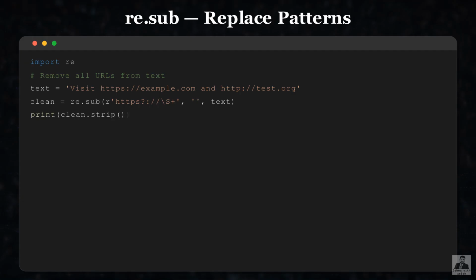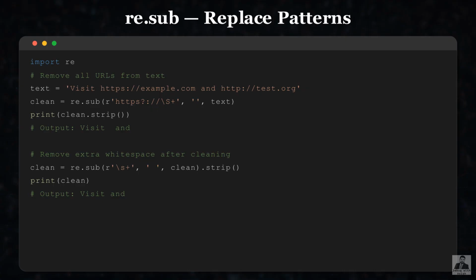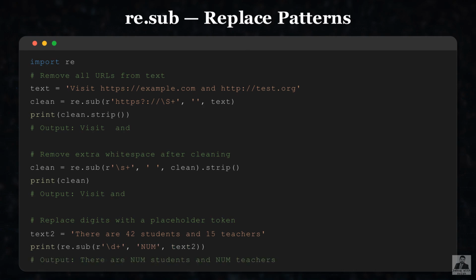Replacing with an empty string removes them. We then clean up the leftover extra spaces with a second substitution. In the second example, we replace all numbers with the placeholder token num. This is a common normalization technique that helps models focus on word patterns rather than specific numeric values.